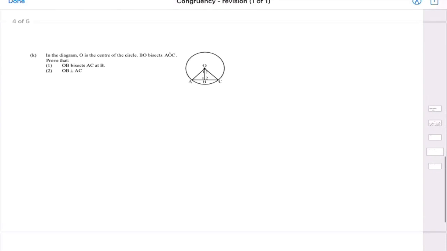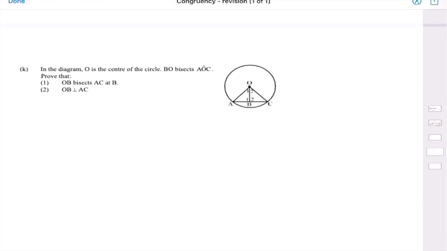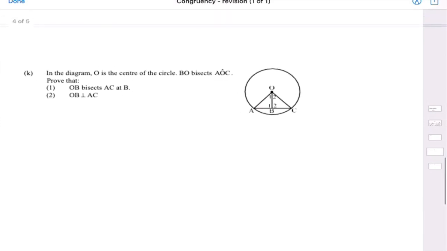Let's have a look at this question here. In this diagram, we are told that O is the center of the circle. Then we are given that the line BO bisects the angle AOC.